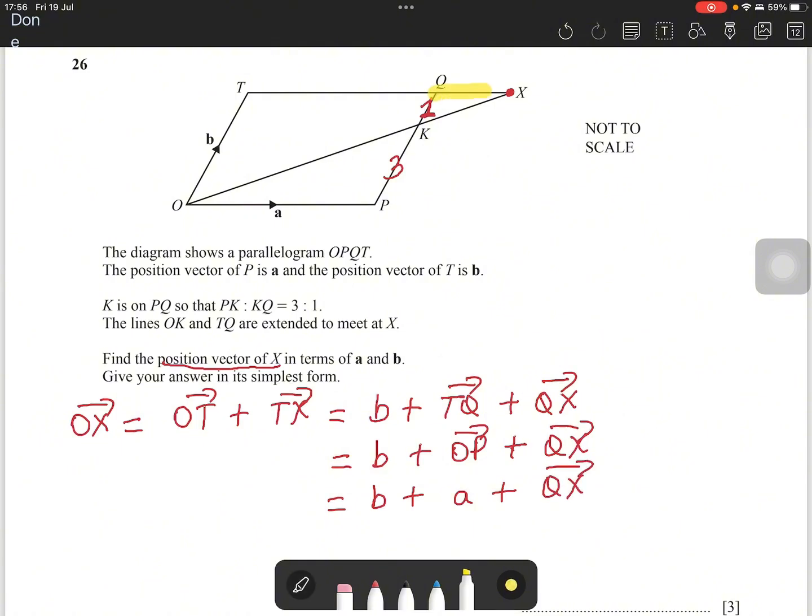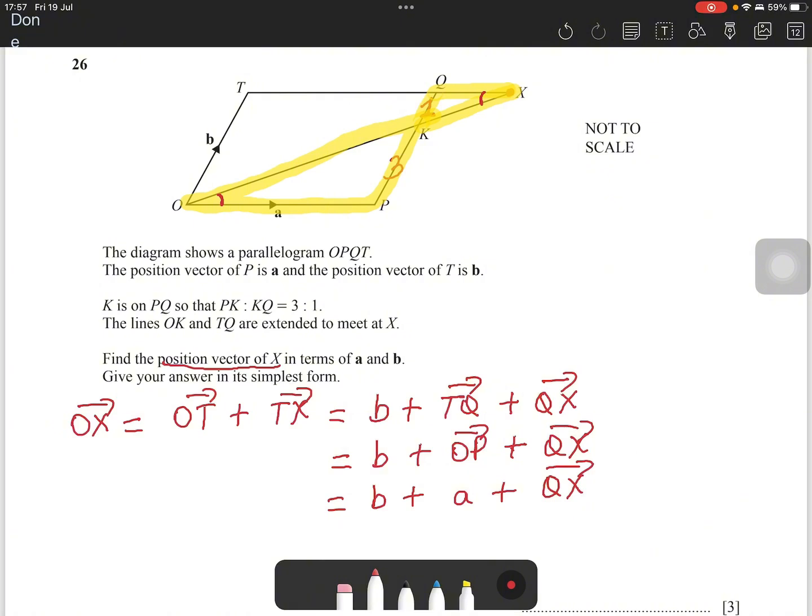This one, vector QX. So when you look at the triangle KQX and the triangle KPO, what can you see? They are similar triangles, right? Because the angle X is equal to the angle O. They are alternate interior angles.